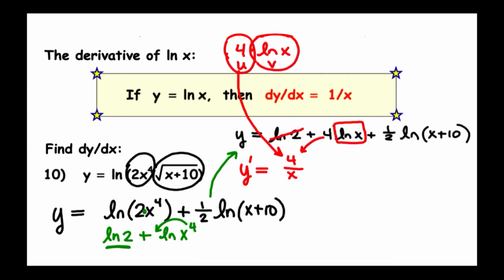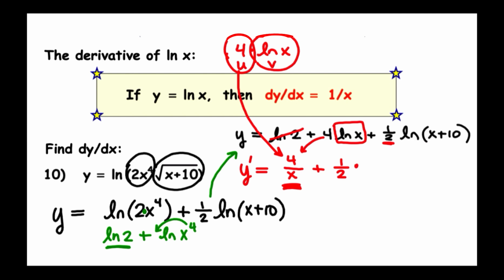And v prime, of course, is 1 over x. So yeah, this is legit. So to save time, just if there's a number in front that's a coefficient, like a 4, just bring it down. All right, and then plus, same thing, the 1/2 being a coefficient just comes down.